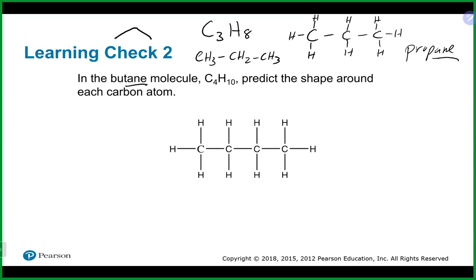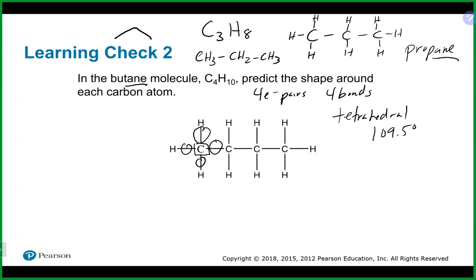Predict the shape around each of these carbons. This goes back to our Lewis structure days. This carbon has 4 electron pairs and 4 bonds. If you remember, something with 4 electron pairs and 4 bonds has tetrahedral geometry, 109.5 degrees.